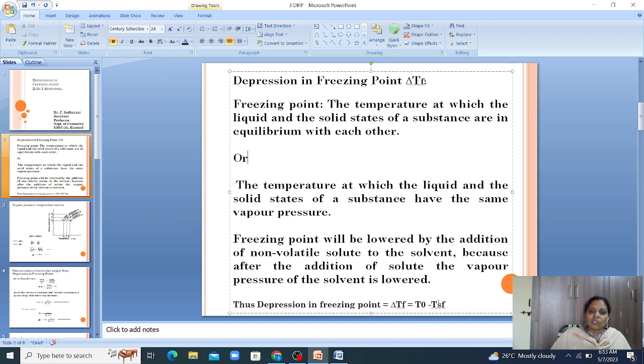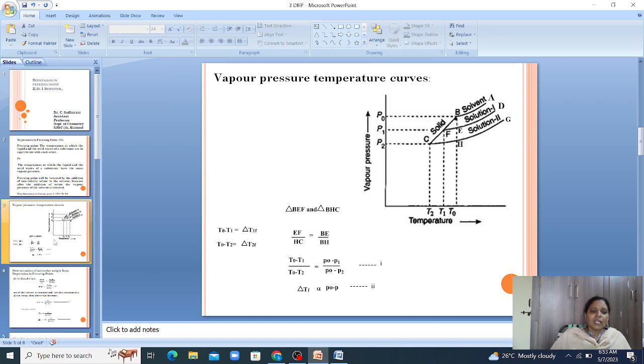Here T0 is the freezing point of the pure solvent and Ts is the freezing point of the solution. We can understand this clearly by plotting the graph between vapor pressure and temperature. By observing these vapor pressure-temperature curves, we can get the relation between vapor pressure and freezing point.